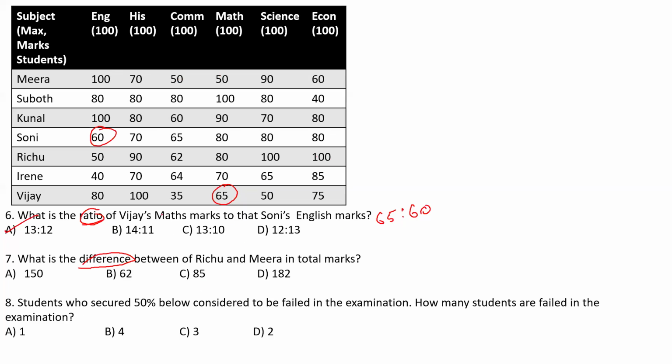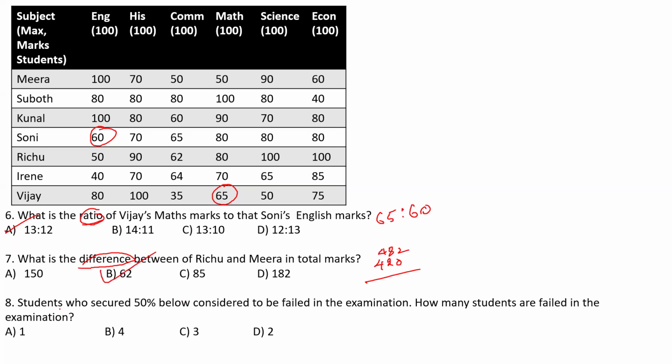So Meera's is 420, and Richu's total would be 59 plus 80 plus 200, around 482. If you take the difference of 482 minus 420, the answer would be 62.